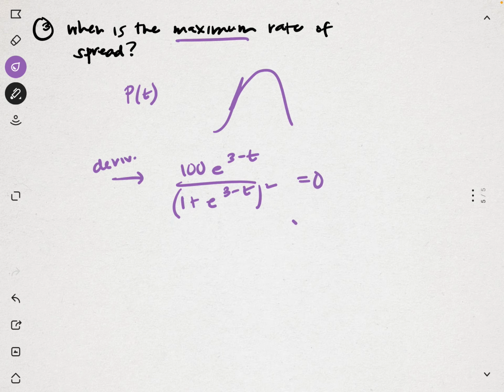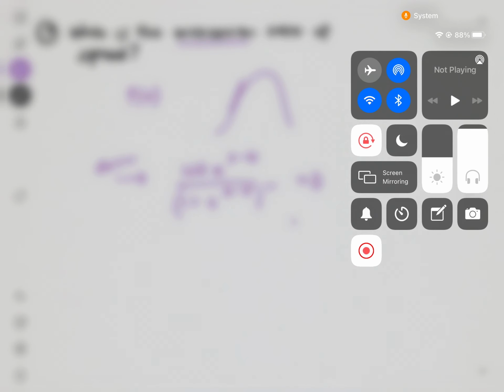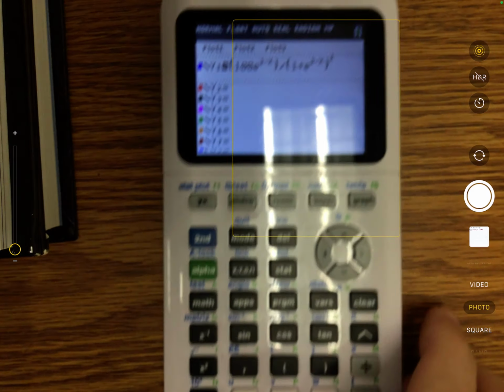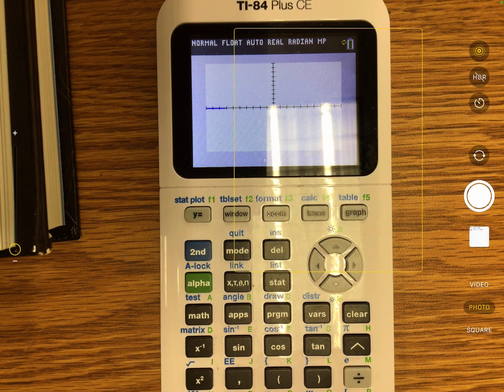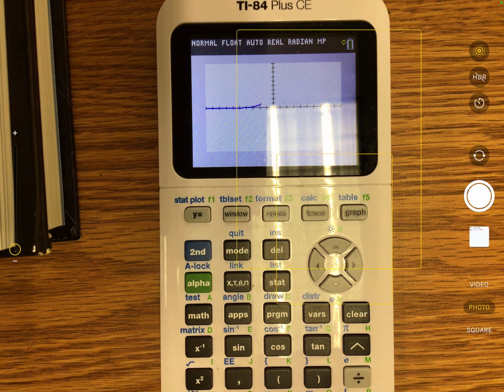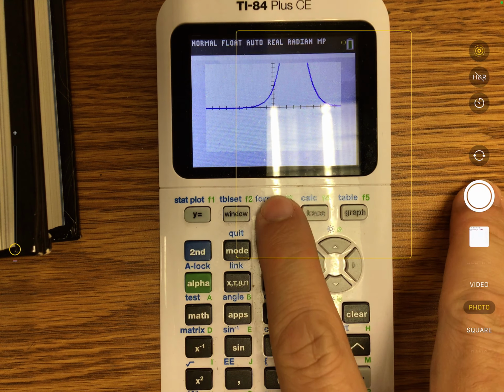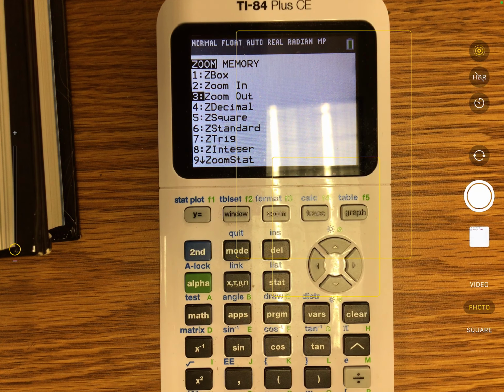Okay, let's switch back to my camera. So there it is. We're going to hit graph. We're going to watch it graph. Oh, so we can't see our maximum here, but what we can do is we can zoom out.